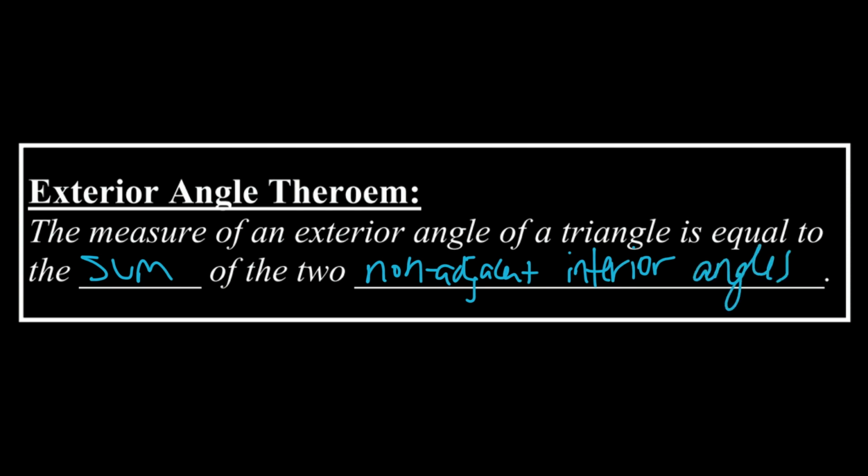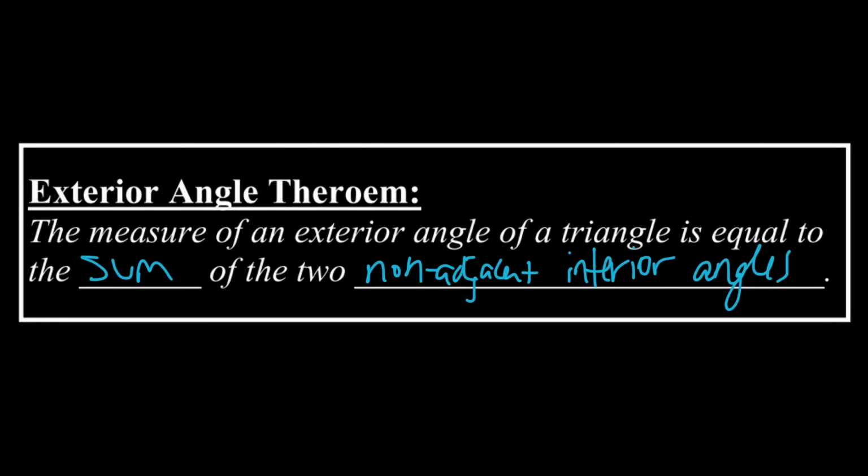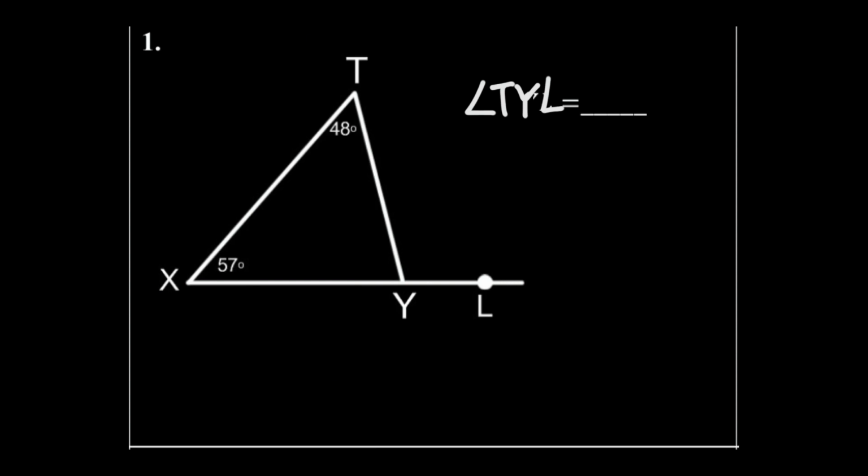And so, to reiterate that with our picture, non-adjacent being the two angles that are not touching this exterior angle. So all we have to do is add up my non-adjacent angles, and that's going to give me the value of my exterior angle.